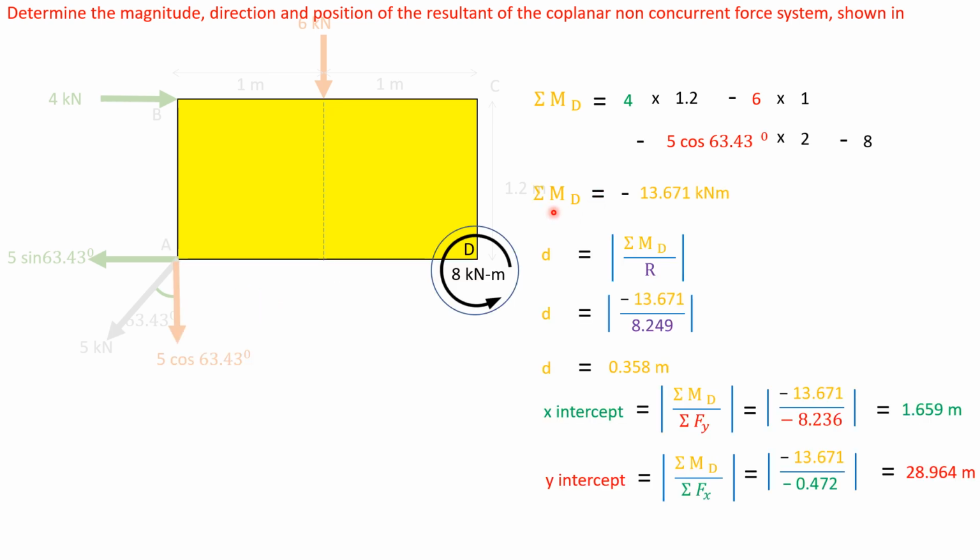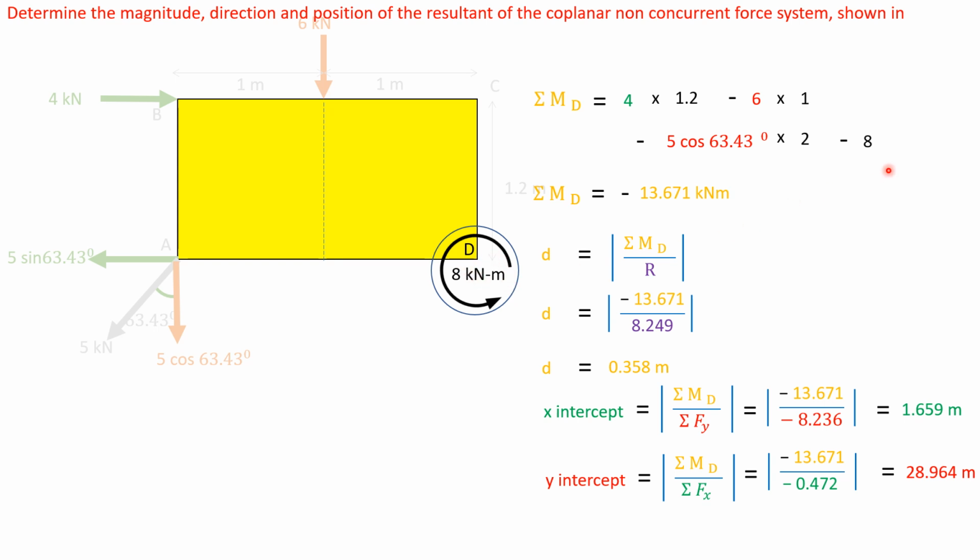Now calculating all this, we get the moment about D as this value. And there is another couple having a magnitude of 8 kilonewton meter about point D. So this is anti-clockwise rotation.